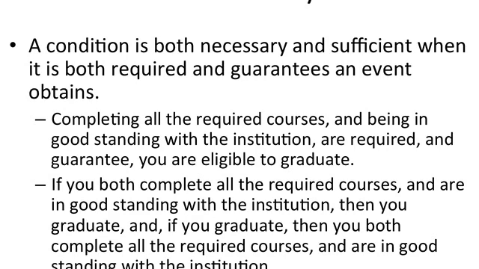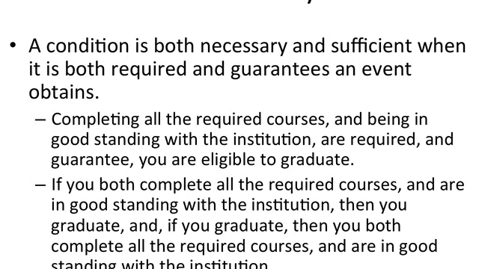So a condition is both necessary and sufficient when it is both required and guarantees an event obtains. Completing all the required courses and being in good standing with the institution are required and guarantee you are eligible to graduate. Now look at the complicated series of if-then statements, and two if-then statements conjoined.